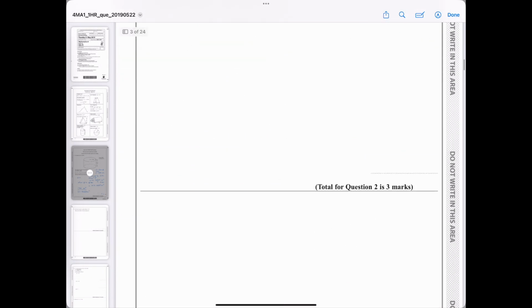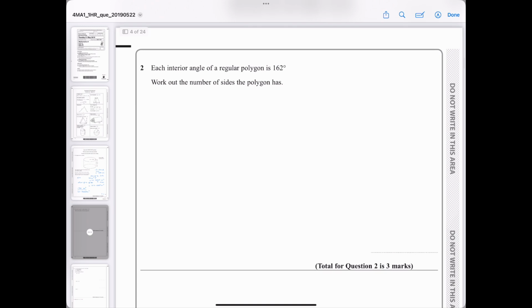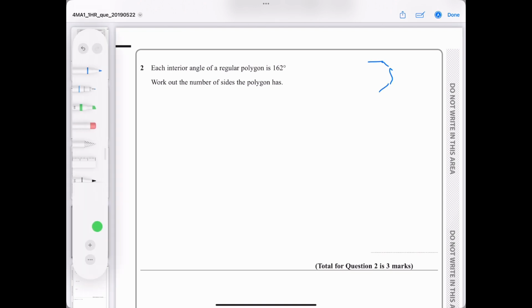Okay, excellent. So each interior angle of a regular polygon is 162 degrees. Work out the number of sides the polygon has. So the way this works is, if we had an 8-sided polygon, for instance, to find out what the interior angle is, we would go 8 minus 2 times 180, and then we put it over 8.